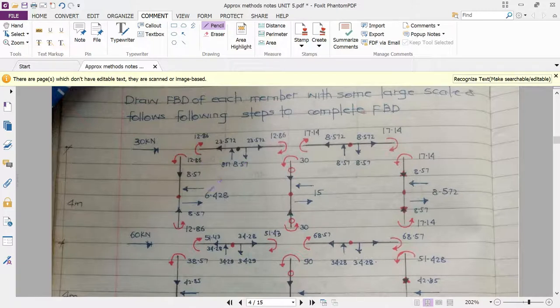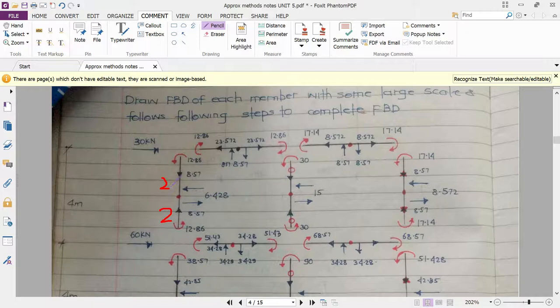Okay, so we have to multiply this particular force into the span length of the column. So total length of the column was 4 meter, but we know that we have divided the column from the center. So here it is 2 meter, here it is 2 meter, as the total length is 4 meter. So we have to multiply this 6.48 into 2.